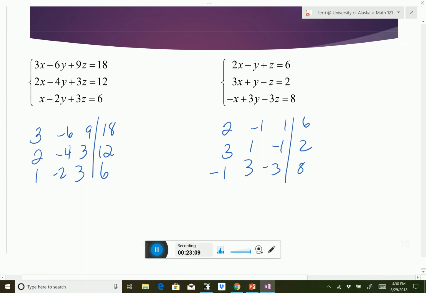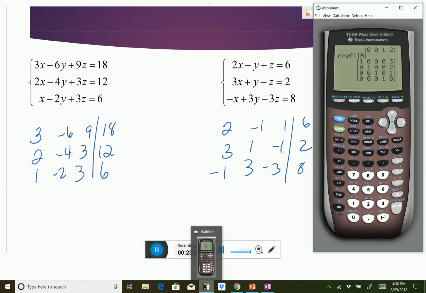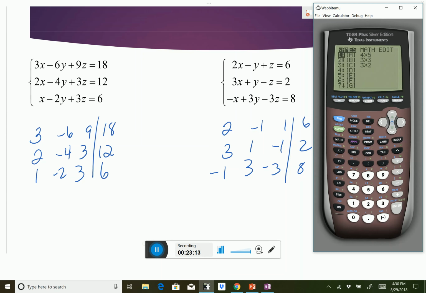Okay, so let's look at your calculator and let's edit matrix B. Make this a 3 by 4 now. Okay, so again, I'm going to pause to put these in. Okay, once that is in, let's quit out of there.